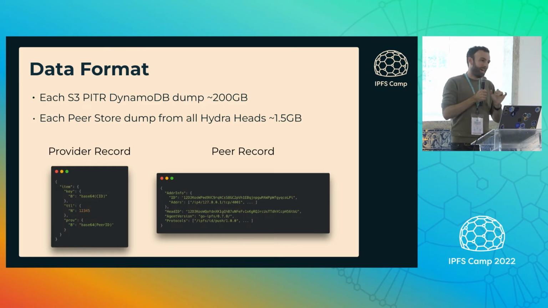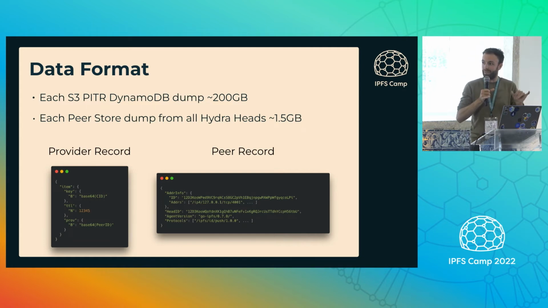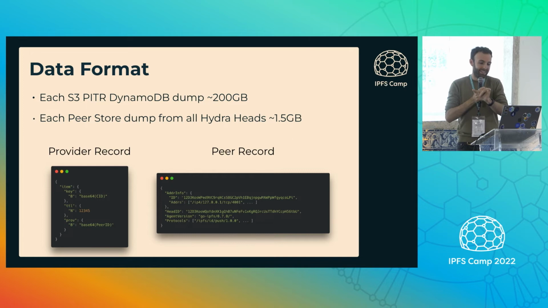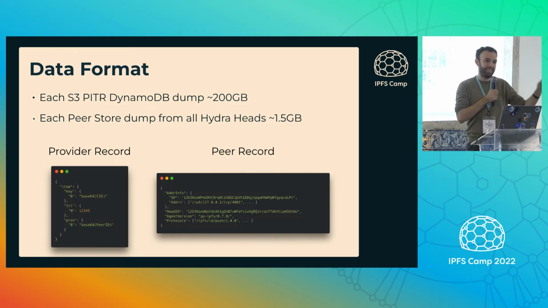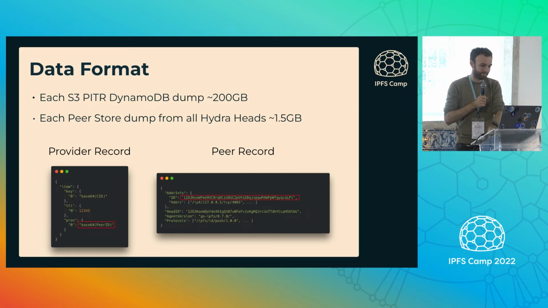And since the Hydras know of all the provider records and thus also know of all the peer records, we can basically join both of these, let's call them tables, with these different columns together based on the peer ID, and thus associate a CID with a network address and then this network address to a geolocation. And so there's this complete link. So we have a CID to a geolocation. And we did this.